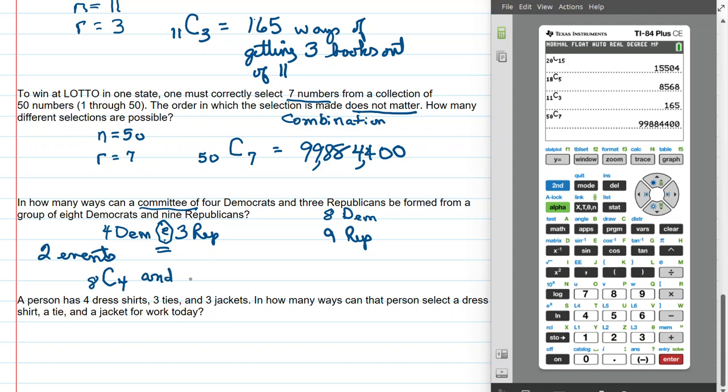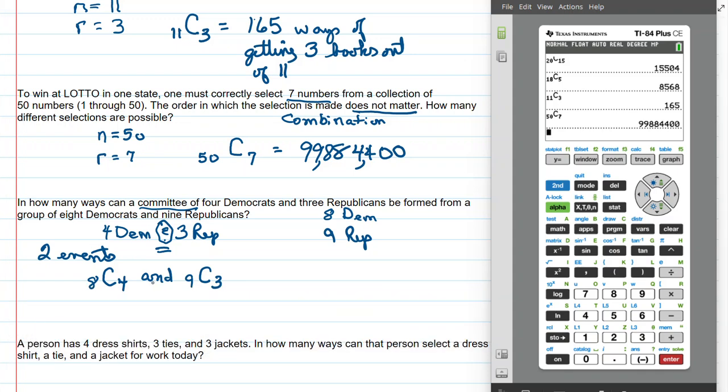In statistics and in counting principles, and means to multiply this and that, because we're then using the fundamental counting principle.